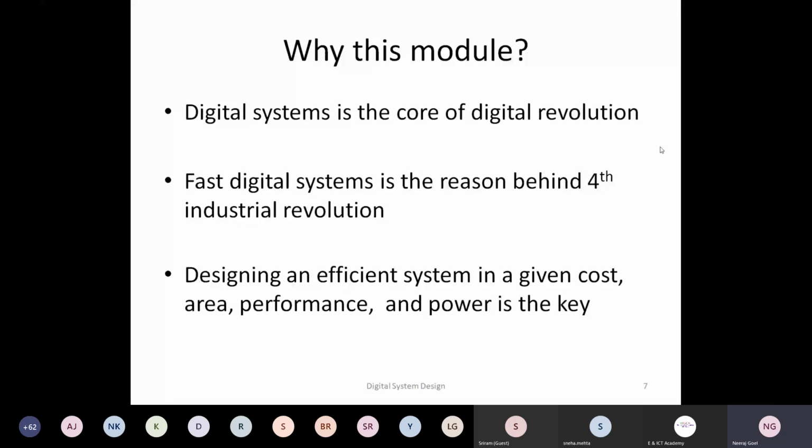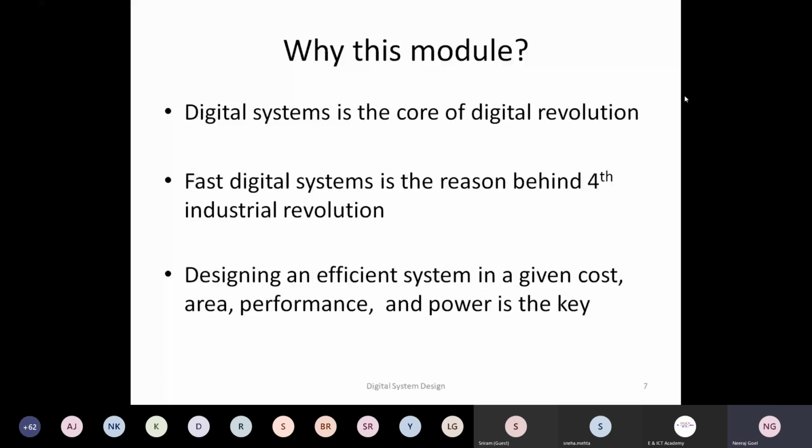You see, there were 4 industrial revolutions. Initially, in the 18th century, around 1700, there was an industrial revolution. Because of that, Europe became a superpower. After that, there was another industrial revolution, because of the steam engines and all, where power was generated automatically.